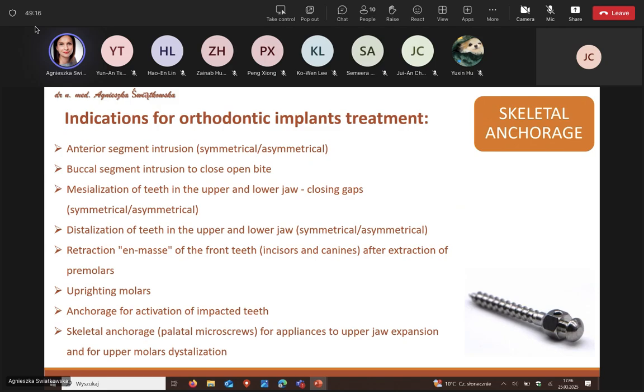We can achieve uprighting of molars. We can also use this for planning anchorage for activation of impacted teeth. But nowadays we don't use micro screws on the palate very often. Of course, we can use them, but we use templates too.